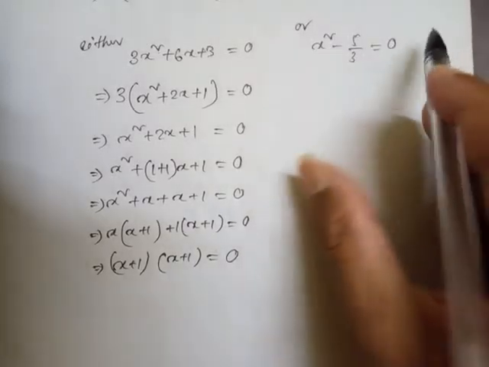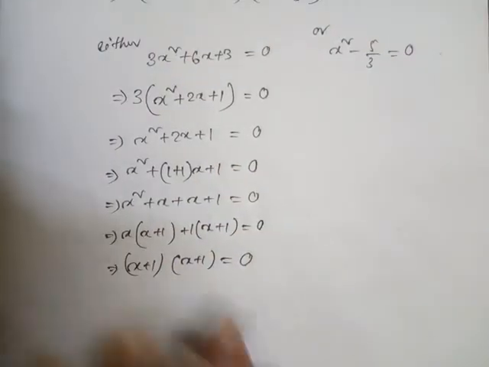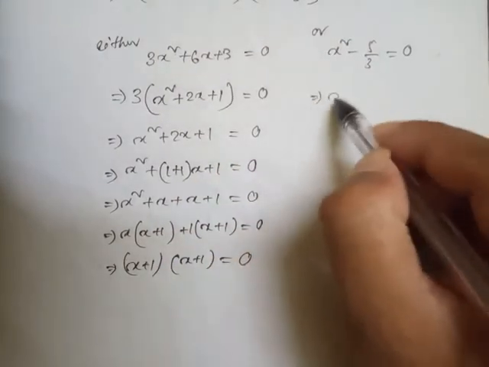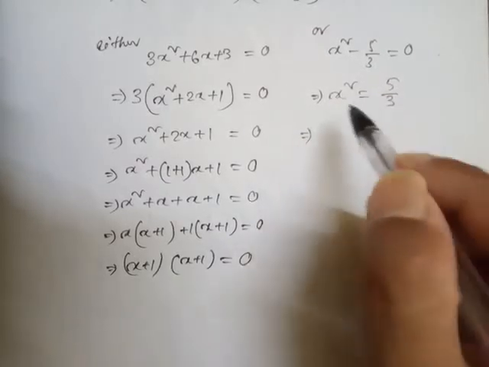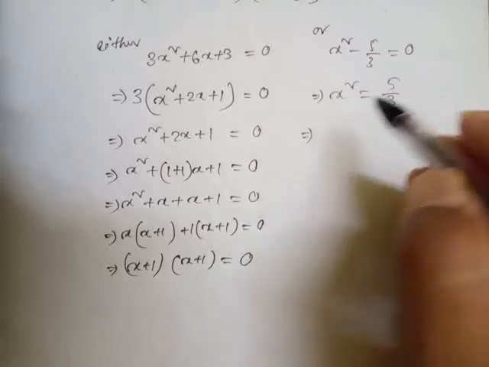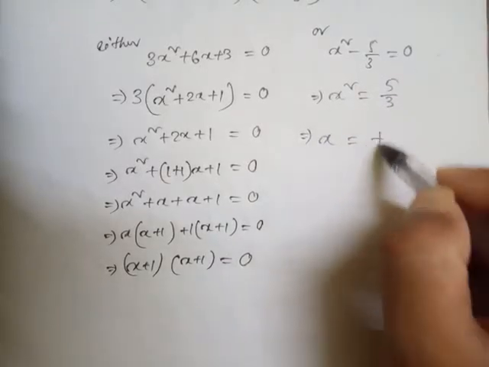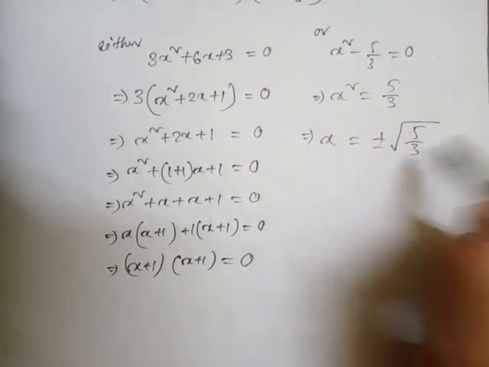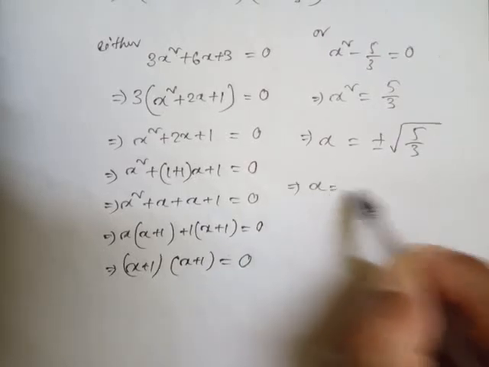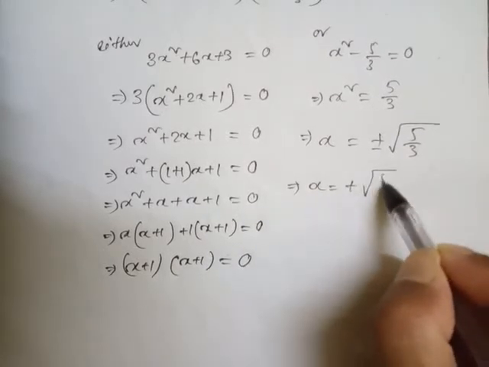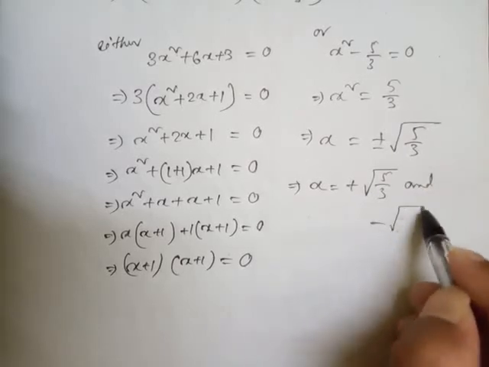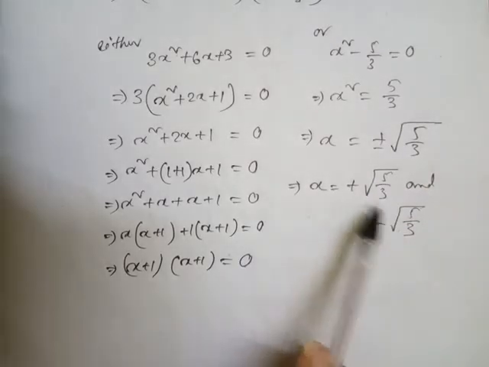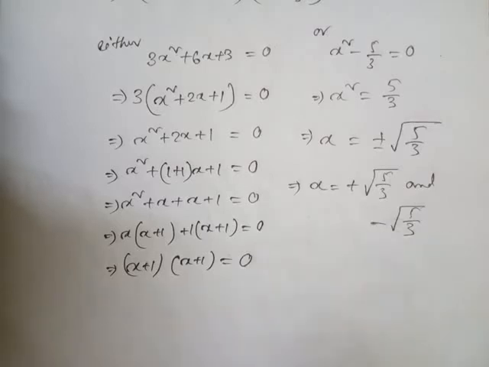Now come to this portion now student. Here x square equals 5 by 3, and now if I remove the square from here, there will be plus minus root over 5 by 3, which means x equals plus root over 5 by 3 and minus root over 5 by 3, which means these two are our zeros given in the question.